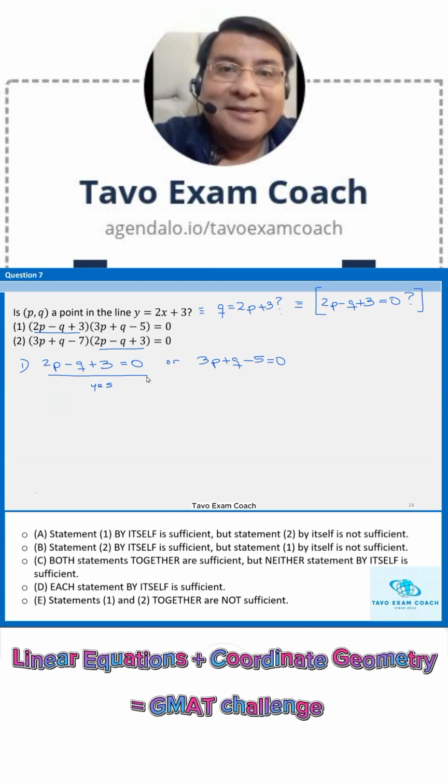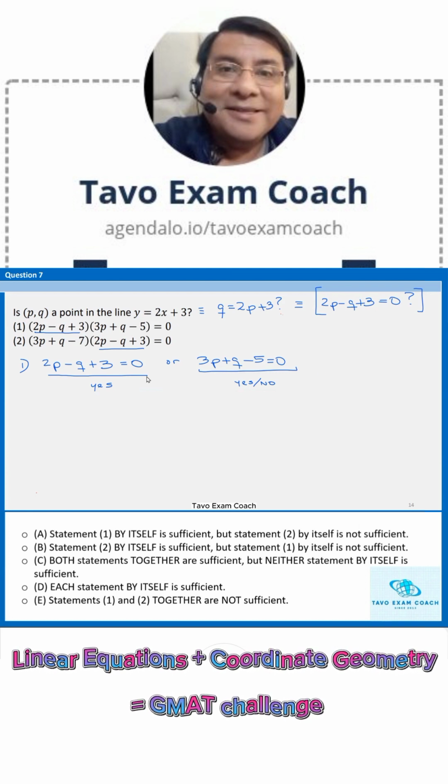But in this case, you can have a yes or a no for an answer. Why is that? For example, you can have two values of p and q that make the factor on the right 0, but don't satisfy the equation of the line above.